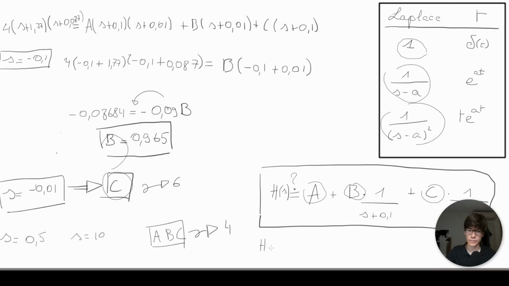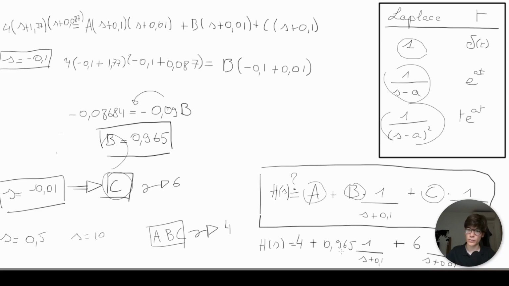Now if you insert this here, we have a new way to write our transfer function with these coefficients. So h of s equals 4 plus b times this one. So that's 0.965 times 1 over s plus 0.1, plus, and then c comes into play, 6 times 1 over s plus 0.01.